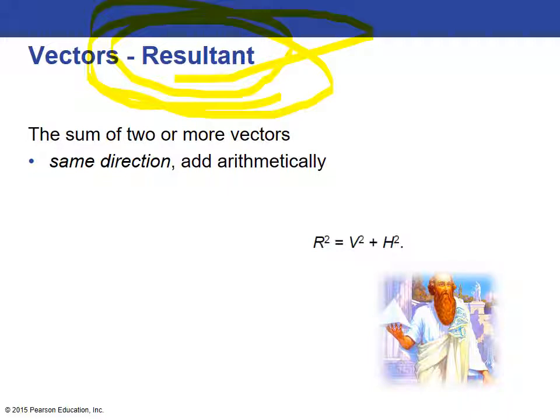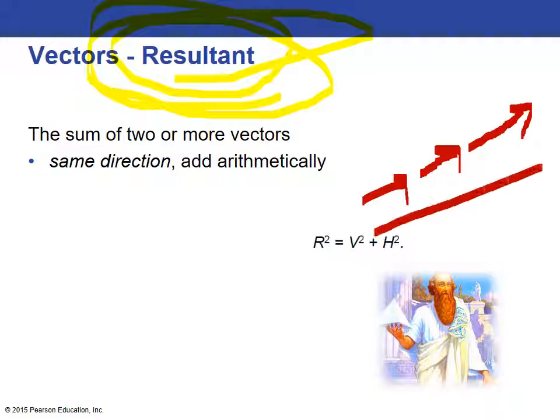If the vectors are going the same direction, oh, that's a bad vector. And there's another one. If they're going the same direction, you just add them up, and they are a bigger vector in the same direction. Easy peasy.